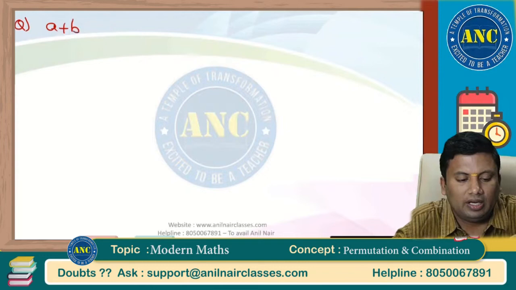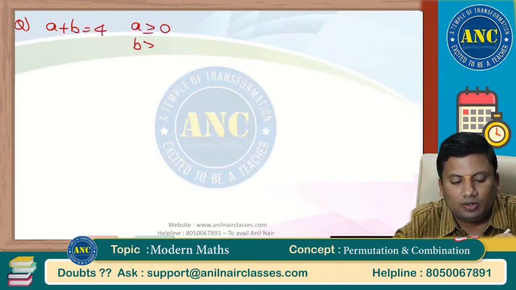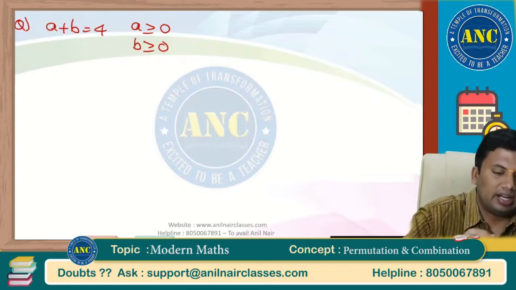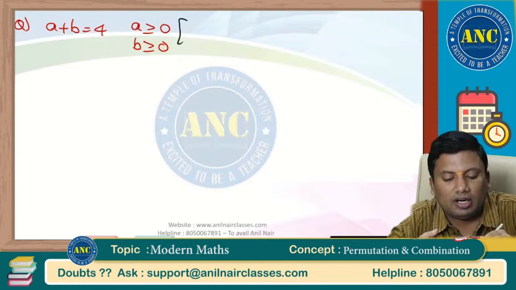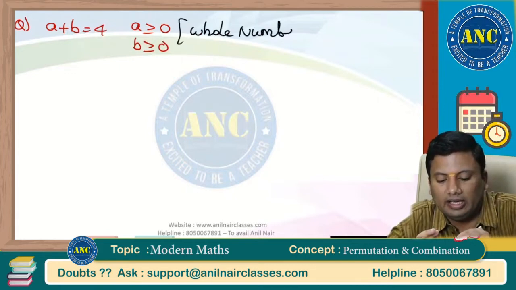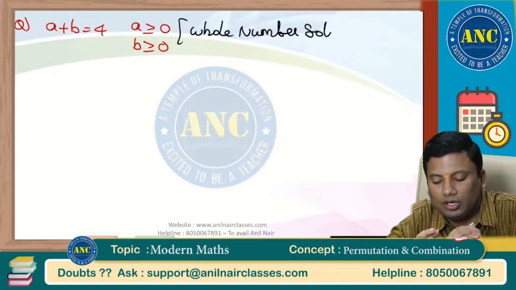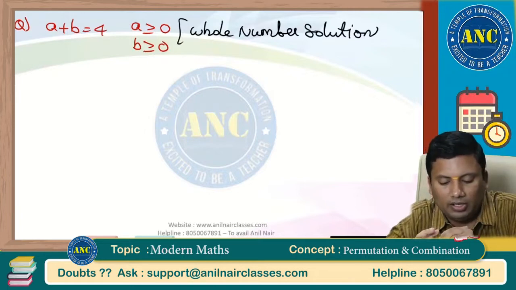Next one, another variety. A plus B is equivalent to 4, A is greater than or equivalent to 0, B is greater than or equivalent to 0. When it is starting from 1, it is a natural number solution. If it is starting from 0, it is a whole number solution.